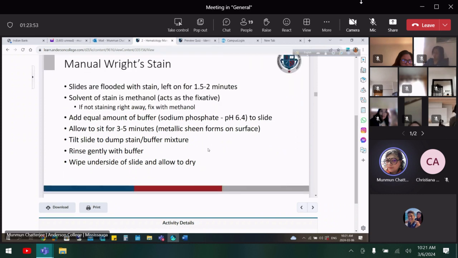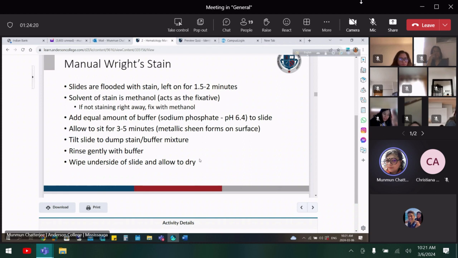Add an equal amount of buffer, the one with sodium phosphate, to the slide, then allow it to sit for 3 to 5 minutes. A metallic sheen forms on the surface because of the methanol. When you put in the PBS, the water or buffer versus the alcohol, you can see some metallic sheen. Tilt the slide to dump the stain-buffer mixture, rinse gently with buffer, wipe the underside of the slide and allow to dry.